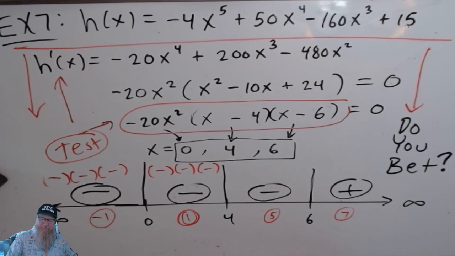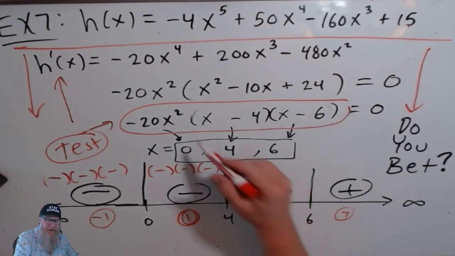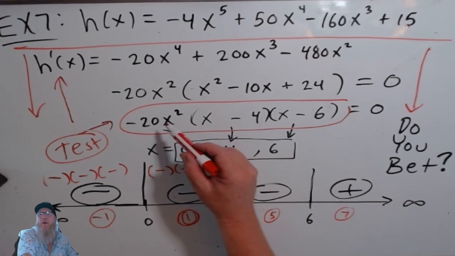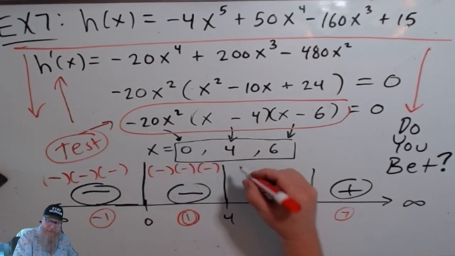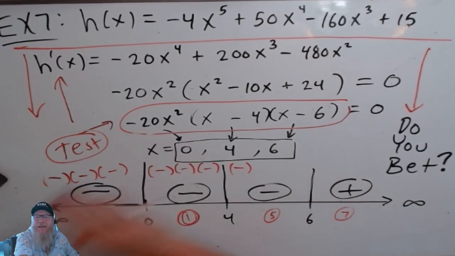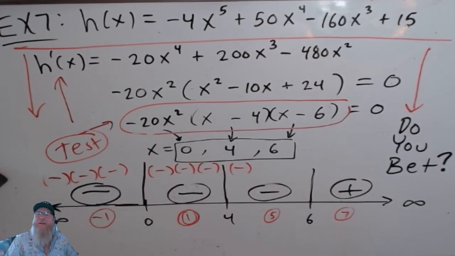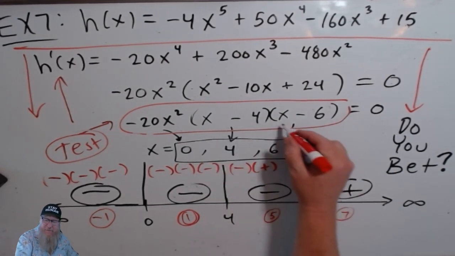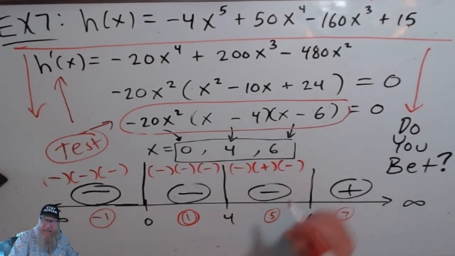All right. Let's try the next one. 5. 5 squared. That's positive, right? 5 squared is 25. Times negative 20. That's still negative. Notice that negative 20 is going to make that first one negative every time. 5 minus 4, that's positive. 5 minus 6 is negative.